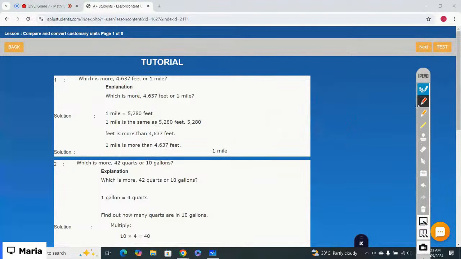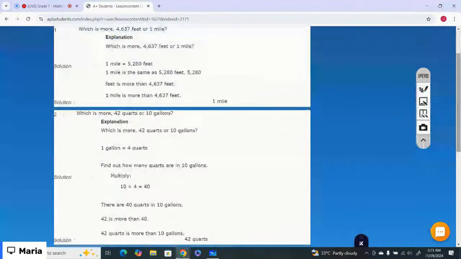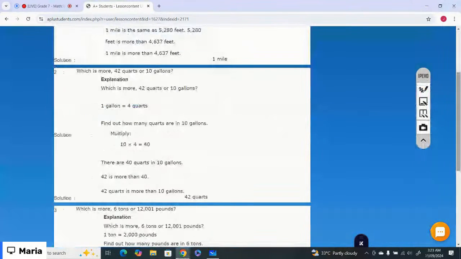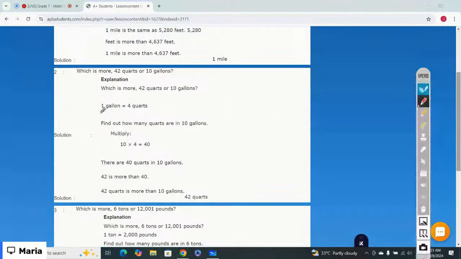Okay. The next one is, which is more, 42 quarts or 10 gallons? Which is the correct option? 1 gallon equals 4 quarts, right? So convert the 10 gallons to quarts. So 10 times 4 equals 40.